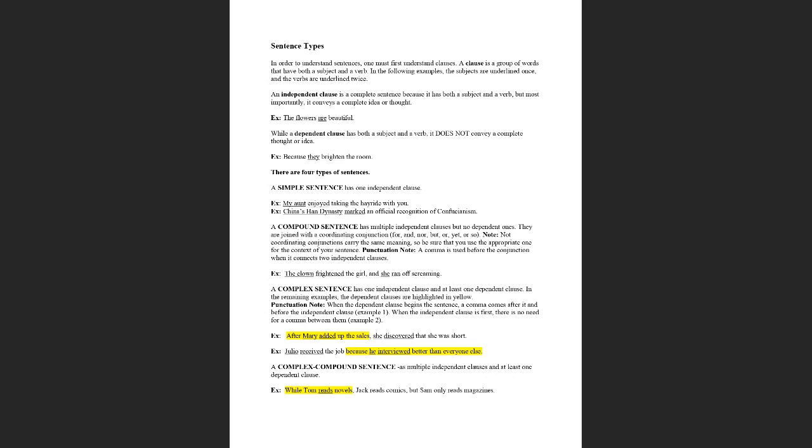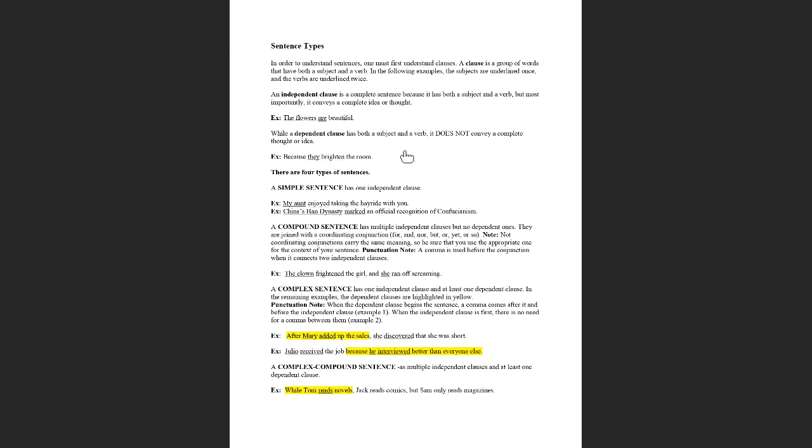However, there are two types of clauses. There's an independent clause, which conveys a complete idea or thought, which means that it can stand by itself. Such as the sentence, the flowers are beautiful. The flowers is your subject, are is your verb, and in itself, that sentence makes sense.